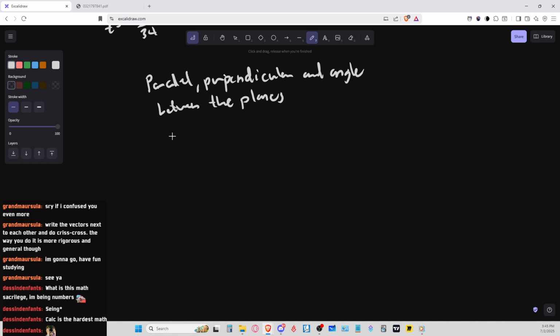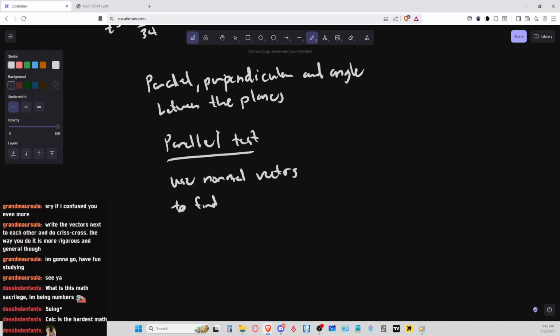Okay, so parallel test. Use normal vectors to find the symmetry.